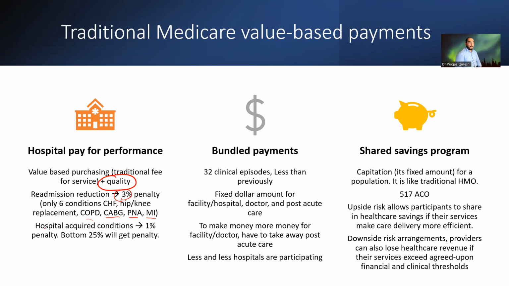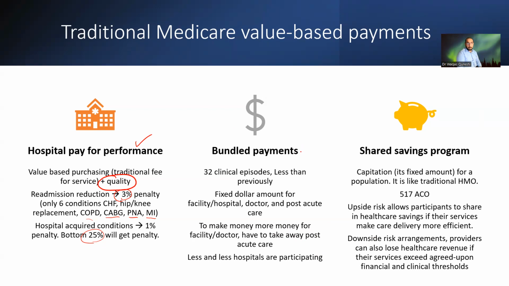And then reduce the number of hospital-acquired conditions. This is a 1% penalty. So if you are in the bottom 25%, you're going to get penalized, and the other 75% will not. So this is really a cost-cutting method, basically by penalizing the hospitals. The majority of hospitals or care systems are in this.